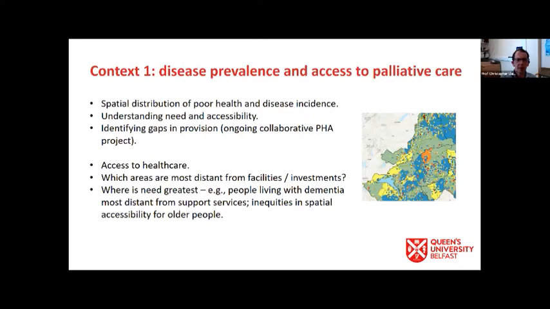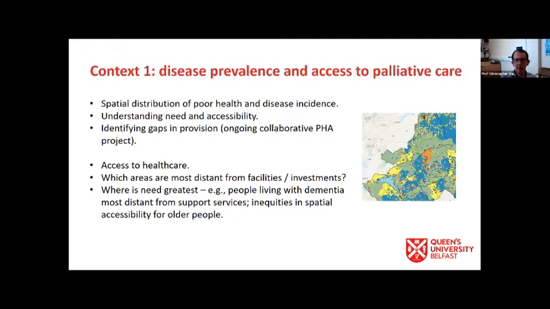And then thinking about need and accessibility. So do those people who need access to care, do they have it? Are there members of particular groups who are geographically distant from the kinds of care they'd need, whatever care might be? We might also think about community support services of various kinds, as well as primary care facilities. So there are lots of different ways we can conceive of this. And then there's a particular focus on identifying gaps in provision.